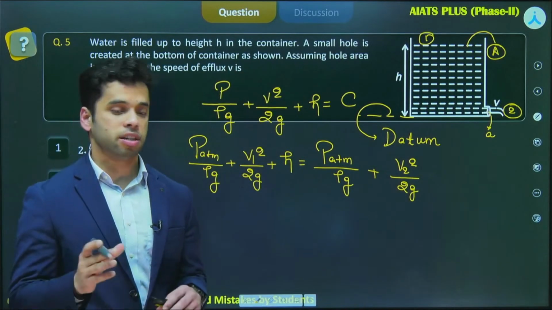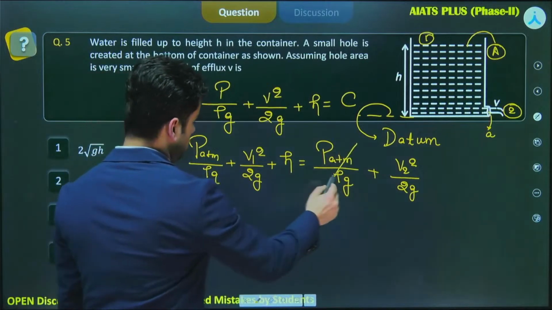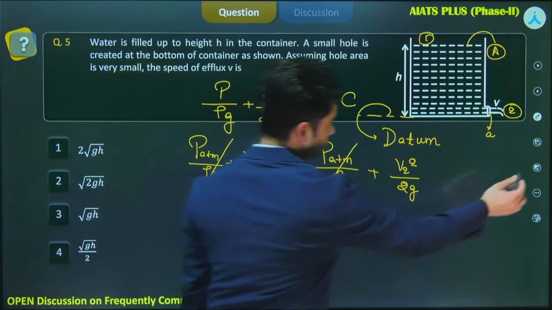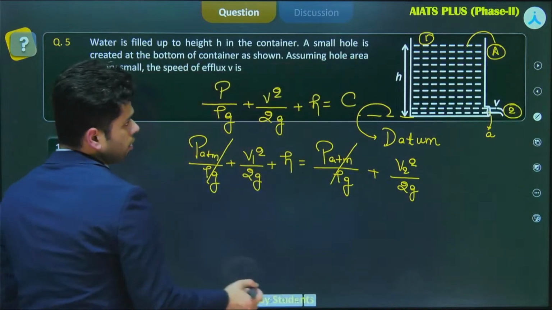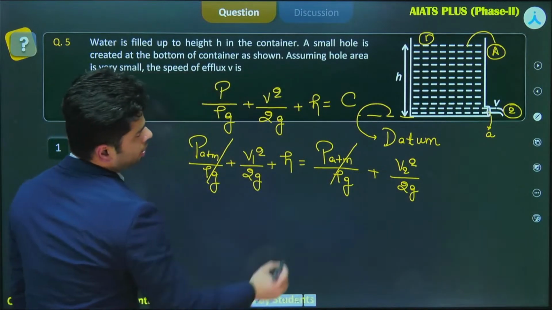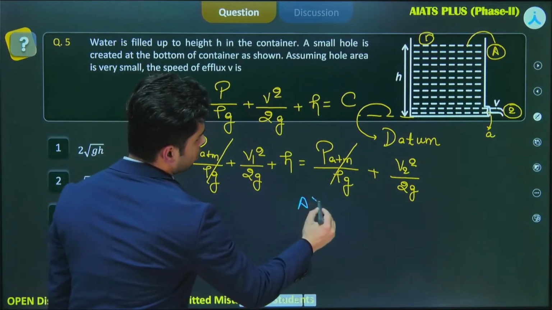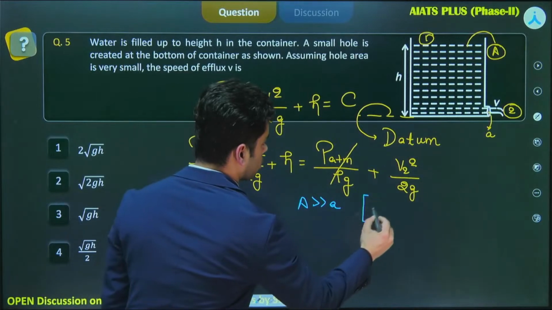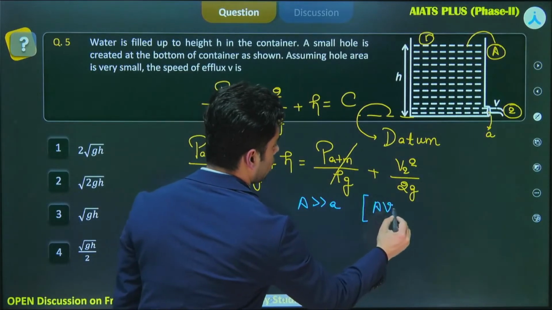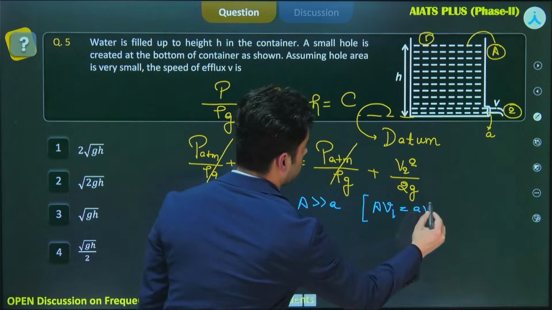Right? Yes, someone has commented the answer. So these are the common terms, I'll cancel them out. Now I know that this area A is much greater than the small area a, and based upon the continuity equation, A V1 should be equal to a V2.